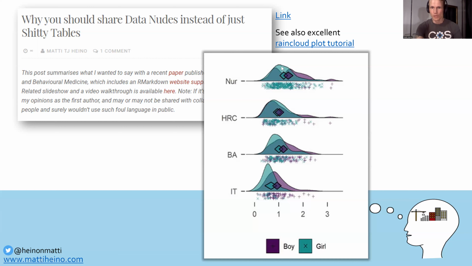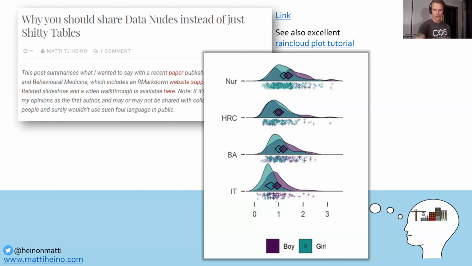And you see where most of the observations are. In this case, there are many observations, so it's hard to see from the raw data, but this distribution shows you where most of the observations are. And then you have the actual data points below the density plot.